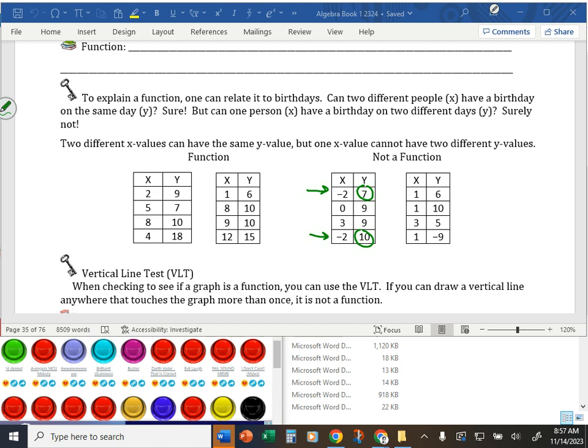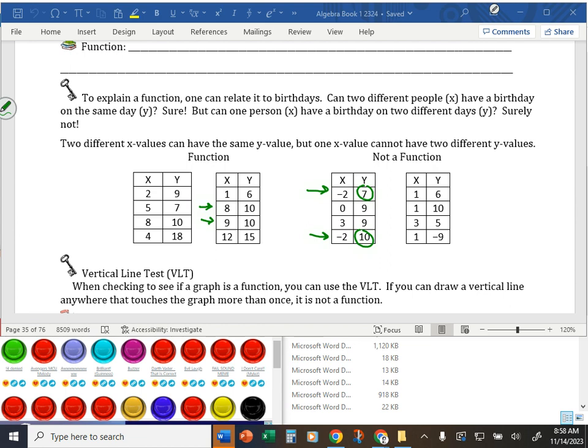Now, can you share a birthday with someone? Yeah. That's okay. Two different people can have the same birthday. That happens. There's only 365 days in a year and 8 billion people. It's bound to happen. However, can the same person have two different birthdays?